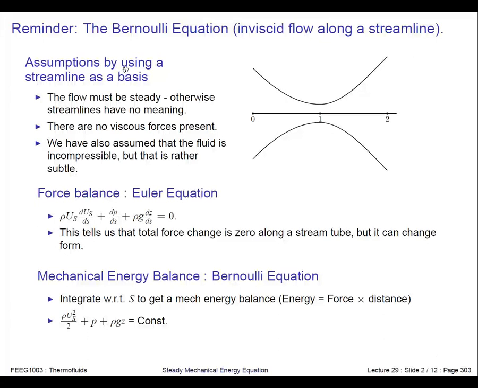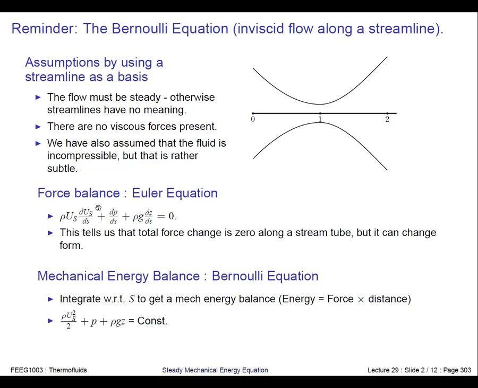So let's remind ourselves what the Bernoulli equation does. It's a mechanical energy balance along a streamline, and we derived this in an earlier lecture by deriving a force balance.